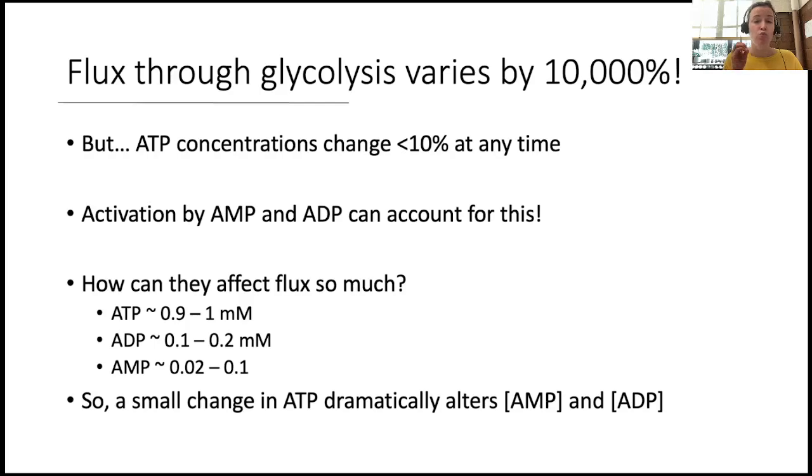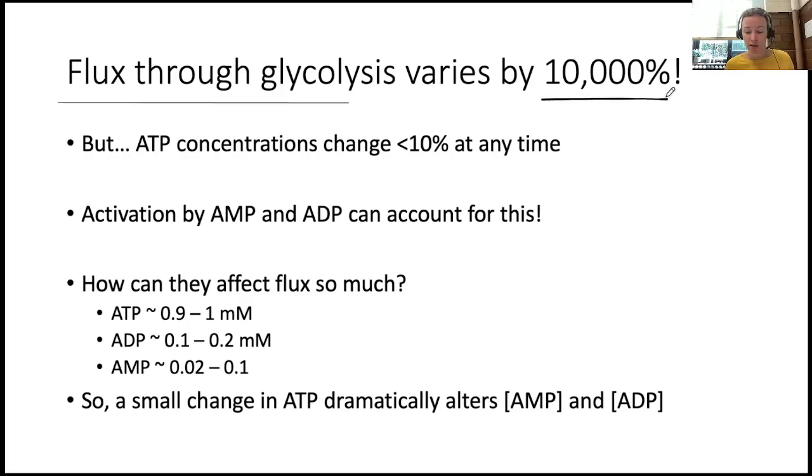Our body keeps really tight control over ATP concentrations, but flux through glycolysis can vary by 10,000%, right? It's kind of wild. ATP concentrations do not change by any more than 10% at any given time. Our body's really good at maintaining homeostasis for levels of ATP because we always need a lot of energy, right?